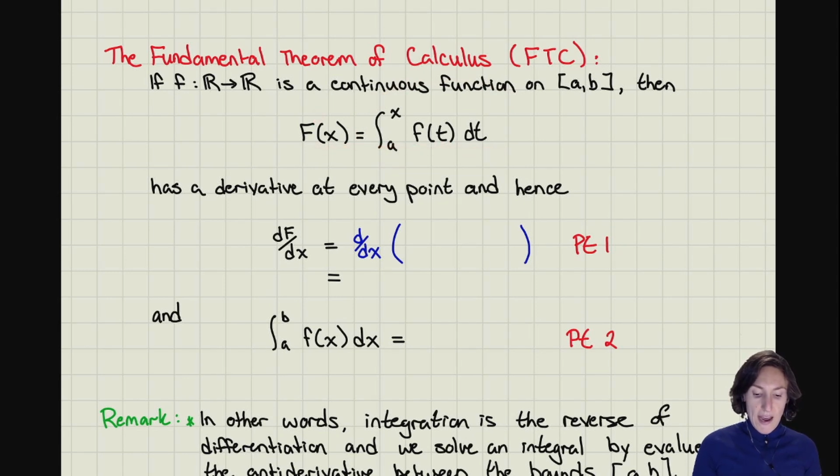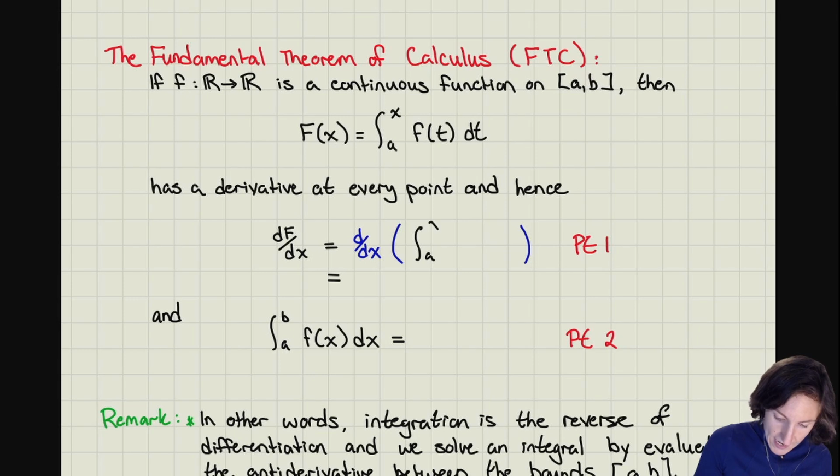And the reason why it's written like that is because when we think about now differentiating this expression, so capital F prime of x, or dF/dx like this here, then we're thinking about taking d/dx of our integral. So the integral going from a to x, f of t dt.